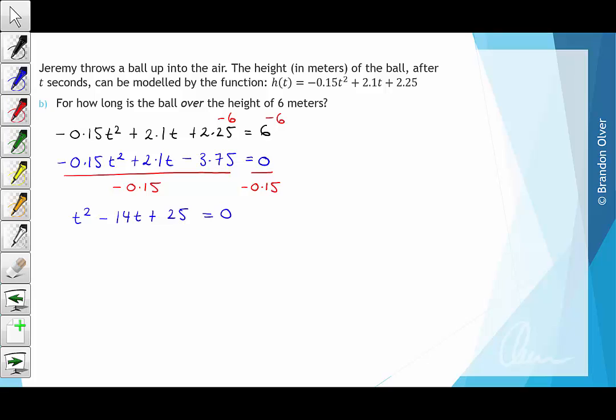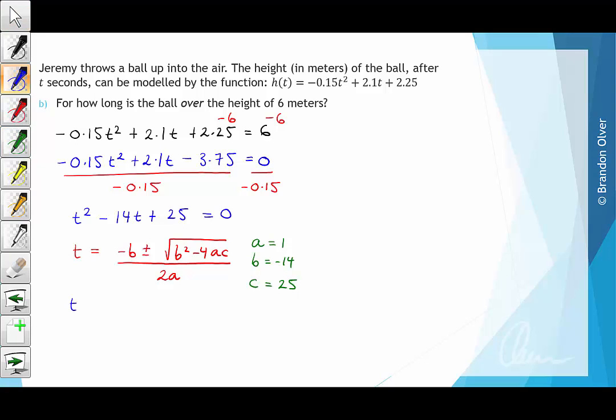So we're going to use the quadratic formula. We know that t is equal to minus b plus or minus the square root of b squared minus 4ac, over 2a. For this equation, a is equal to 1, b is equal to negative 14, and c is equal to positive 25.